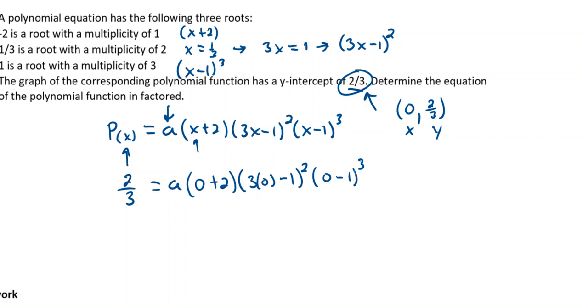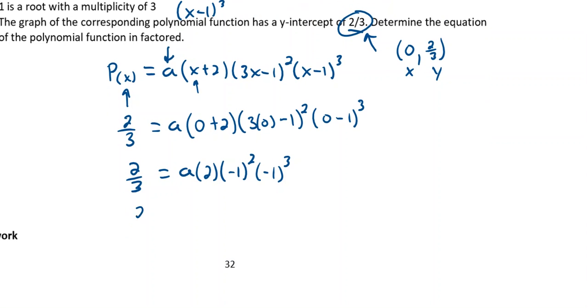And now I'm just going to simplify that down a little bit. So 2 over 3 is equal to a, and then this just becomes 2, and then negative 1 squared, and then negative 1 cubed. So that would become 2 over 3 is equal to, all of that would end up being negative 2, so negative 2a, we'll call it.